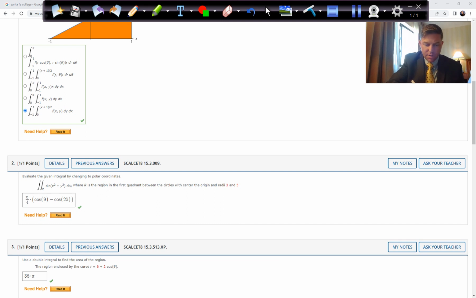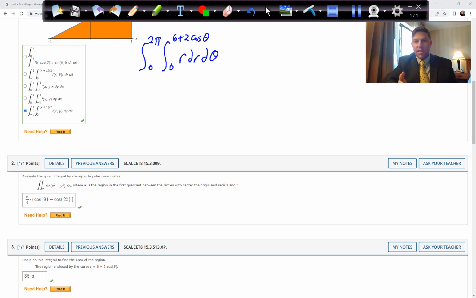Okay, so I had started it. We said theta should go from 0 to 2 pi. Radius goes from 0 to the equation 6 plus 2 cosine theta. And there is no other function, so it's just going to be r dr d theta, which is again dA. So when we had no function in rectangular coordinates, it was just dx dy.